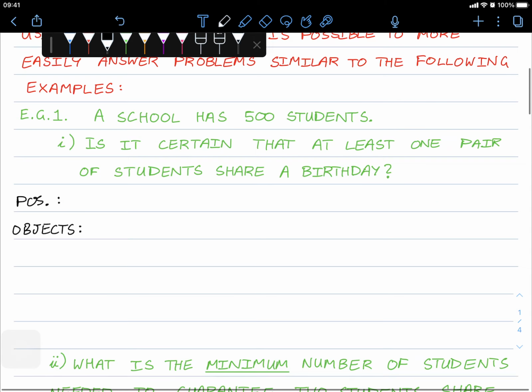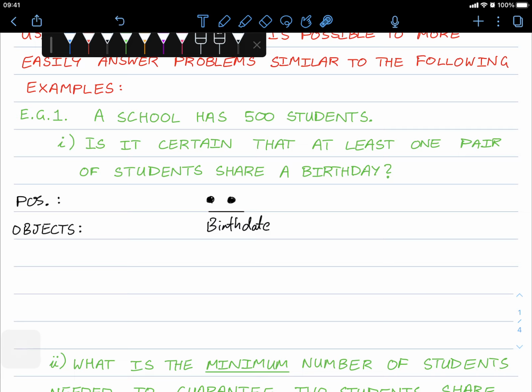Now let's think about what this question is asking us. Is it certain that at least one pair of students share a birthday? So let's pretend that this is my birthday, or a birth date. And here's one student, and here's another student. This would mean that they're now sharing a birthday or birth date. Notice how I did that.